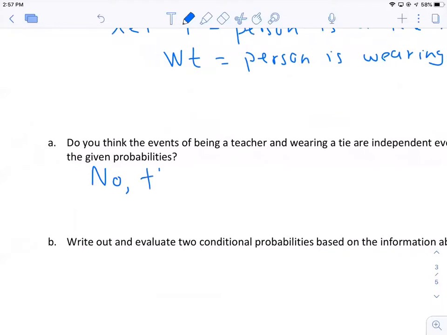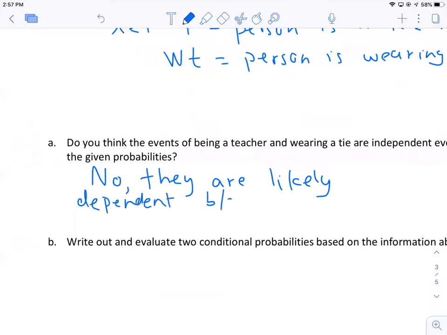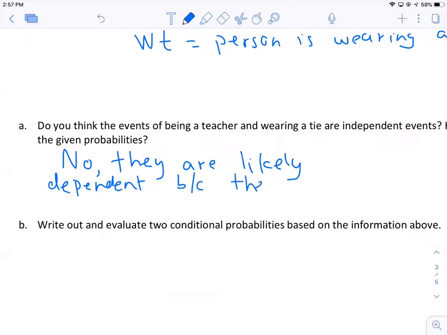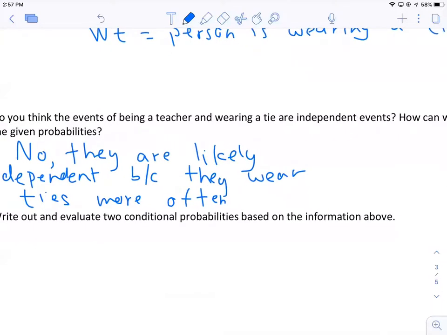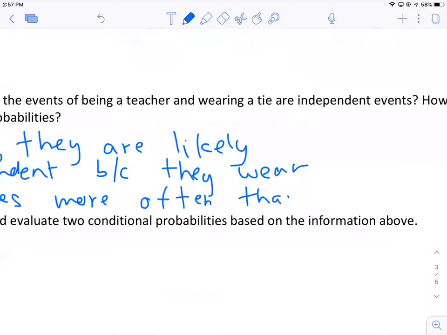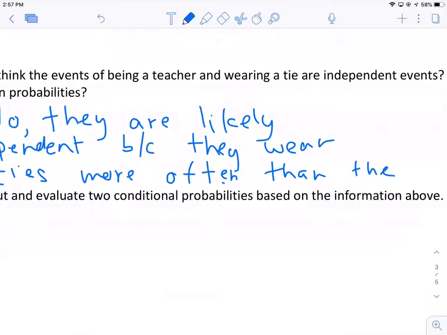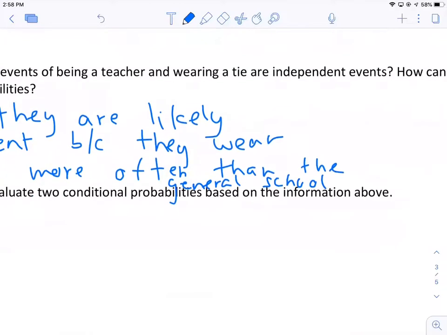They are likely dependent because they wear ties more often, at least male teachers do. But they wear ties more often than the general school population.